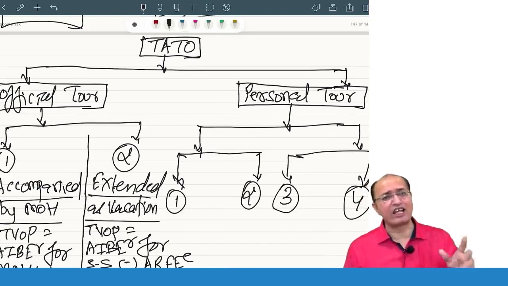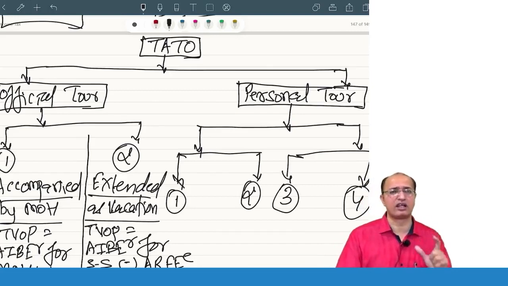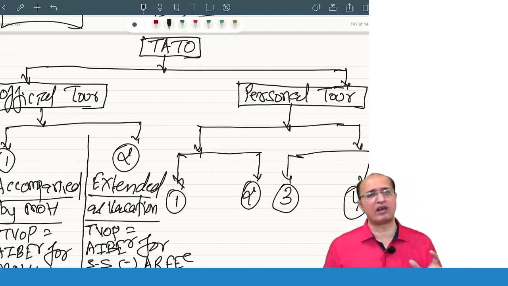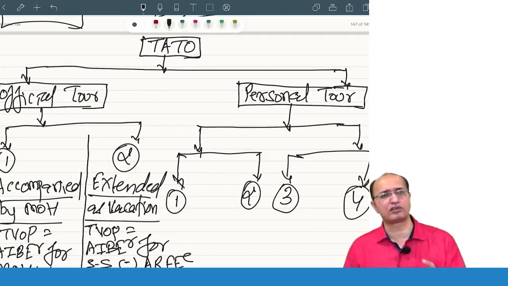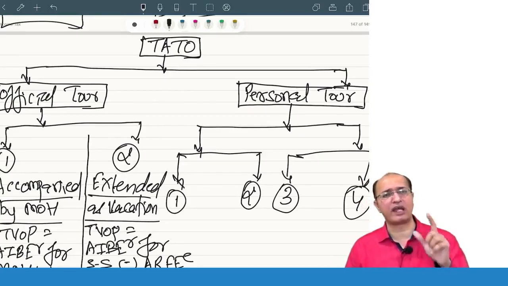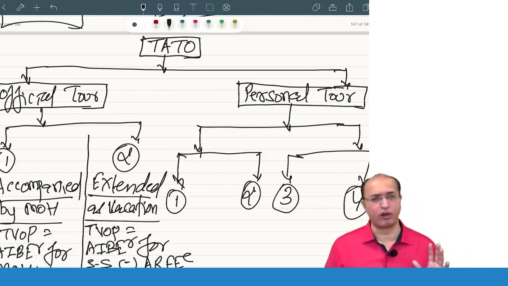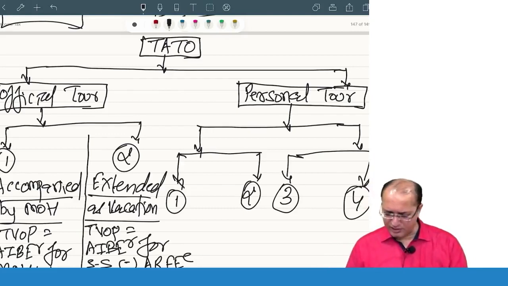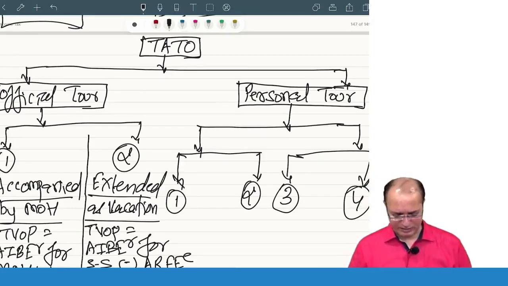He readily agreed. So in our employment contract, it is clearly written that the employee can have one personal tour in a year, and the cost of that personal tour will be borne by the employer. In that case, how would the taxability arise?